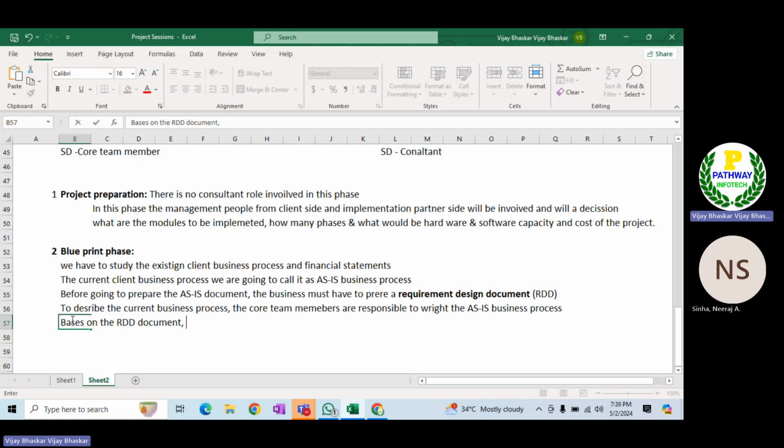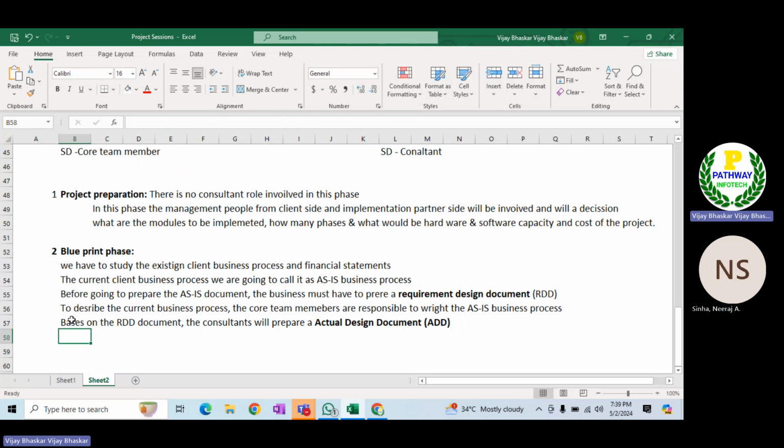Based on the RDD document, the consultant will prepare an ADD document, an actual design document. Exactly, ADD document, actual design document.